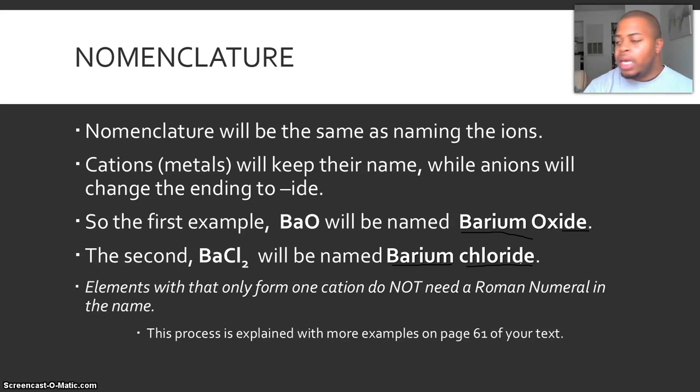With that being the case, I don't have to add any prefixes or any numbers to remind me. I just need to make sure I have my correct subscripts because my charges need to be balanced out. Now, elements that form only one type of cation, usually the metals, do not need a Roman numeral in the name. What do you mean by that? Well, this is what we deal with for type 1 metals, or type 1 elements participating in ionic bonding.